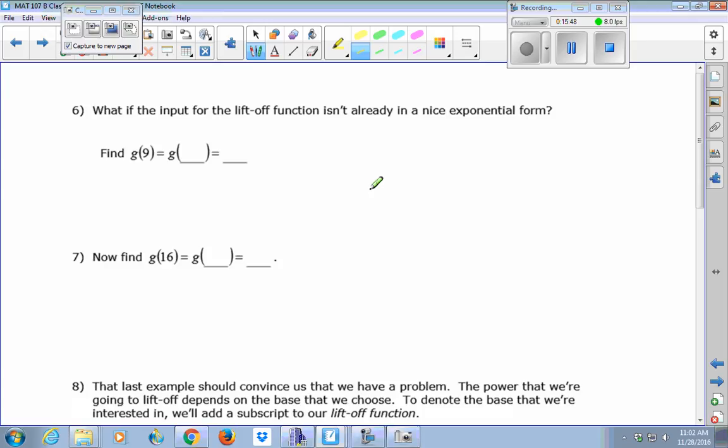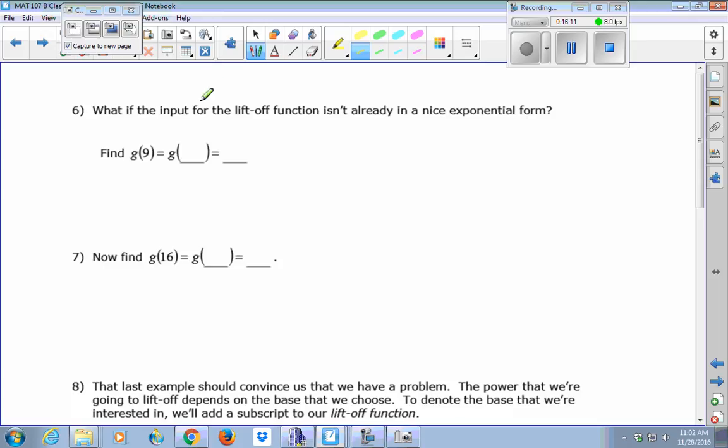So what if the input for the liftoff function isn't already in nice exponential form? So we can't just look at it and lift off the exponent. What's a student to do? This says lift off the exponent. So what would you put inside these parentheses? Not for the answer, but what would you put in for the exponential form right here?